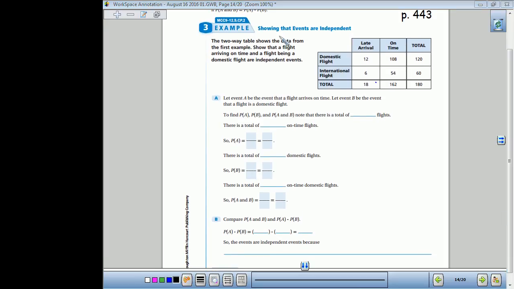Okay, so this one, showing that events are independent. So we looked at one way, now let's look at the other. To find the probability of A and B, note that there are still how many flights? 180. 162 were on time. So the probability of A would be 162 out of 180, which reduces to 9/10.